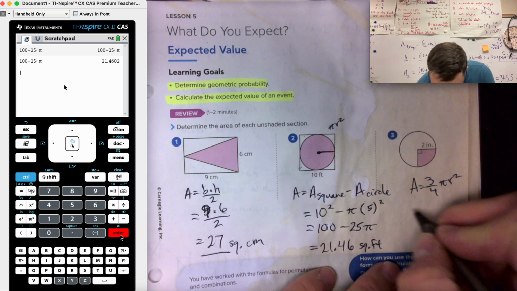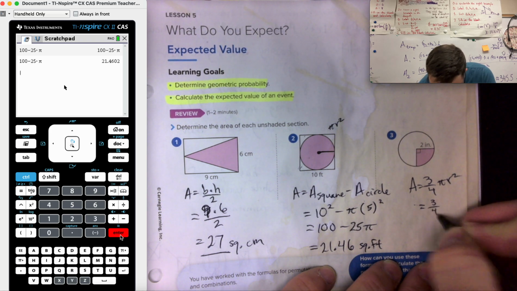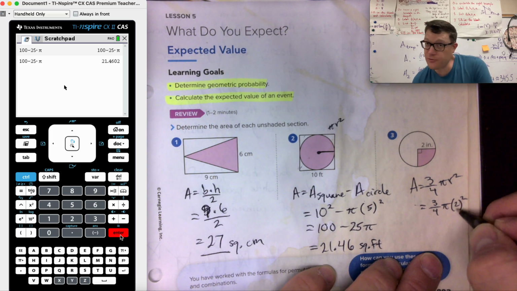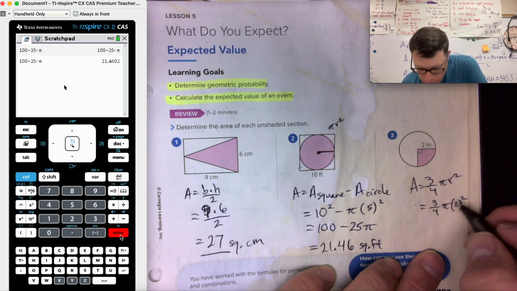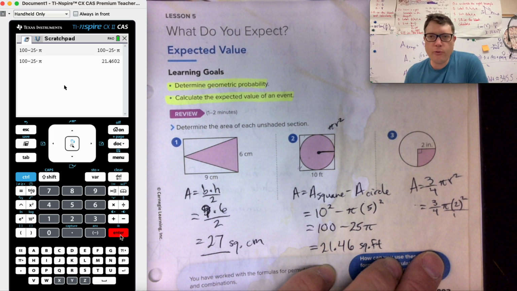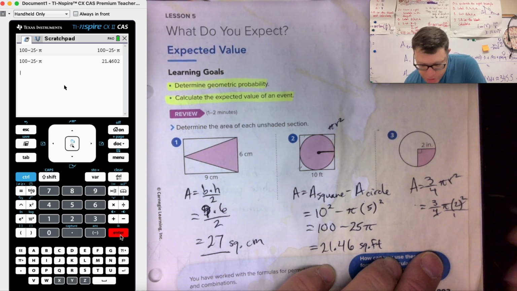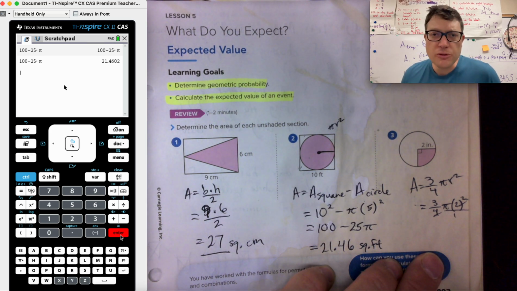So plugging all of that in, 3/4 times pi times 2 squared, 2 times 2 makes 4, and that's a 4 on the top of the fraction, while the rest of this is over 1. So this 4 and this 2 squared will end up reducing. It makes 4 over 4.